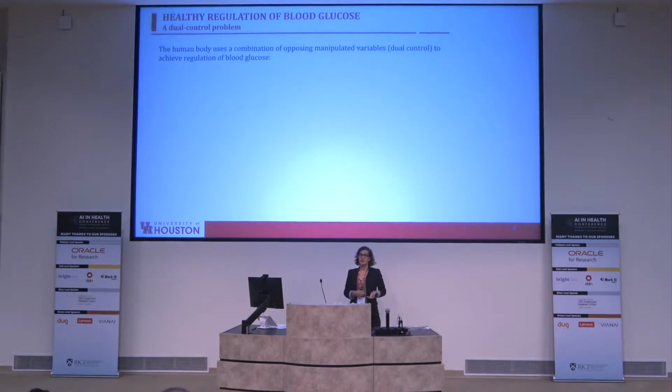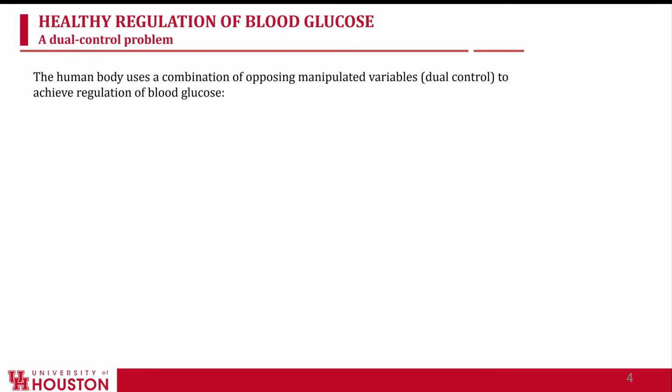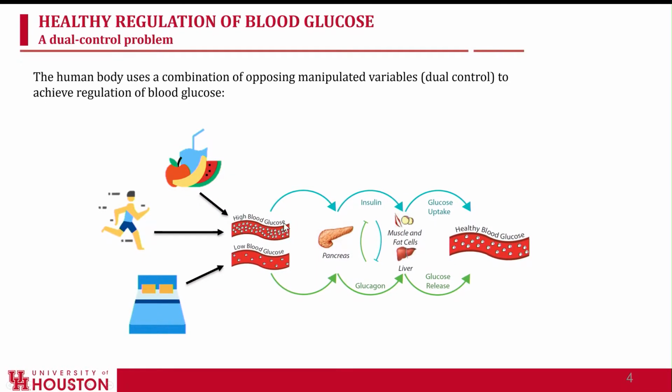But how does the regulation of glucose happen in a healthy body? So the human body uses a combination of manipulating variables, opposing dual control, to achieve glucose regulation. It's similar to the gas and brake pedal in a car. So when glucose is high in the blood circulation, for instance, after a meal intake, this triggers insulin secretion by the pancreatic beta cells.